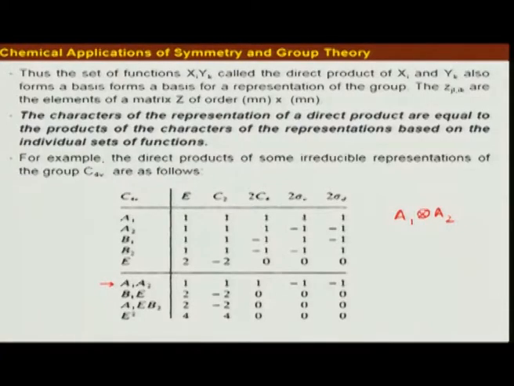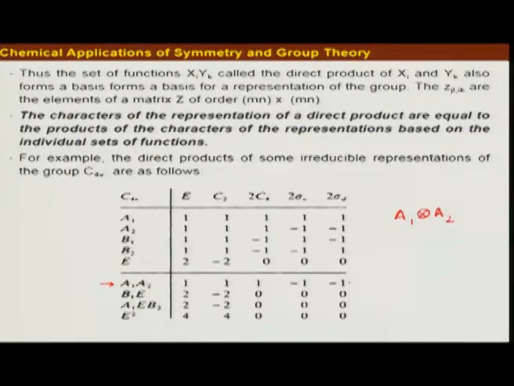It can be seen easily that 1 times minus 1 gives minus 1, again 1 times minus 1 gives minus 1. And if you combine one particular irreducible representation with the E representation, you get the corresponding direct product as given here; like B1 and E, the direct product gives you this representation.